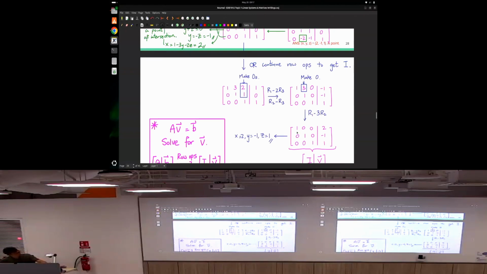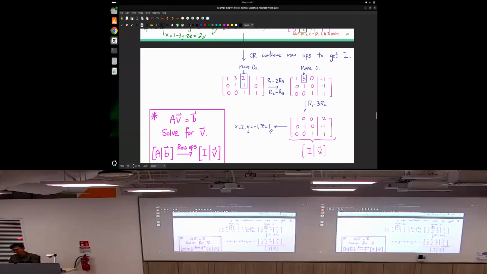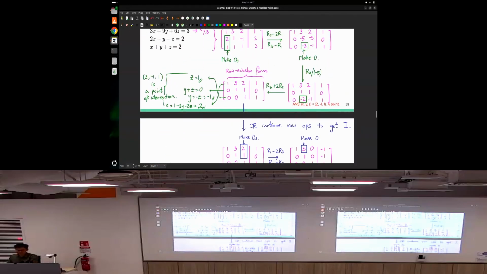Of course the row ops are not exactly the same, but whatever you do to get the 3 zeros here, that's the point. So whether you go to I, or you go to the row echelon form and perform back substitution, is up to your preference.